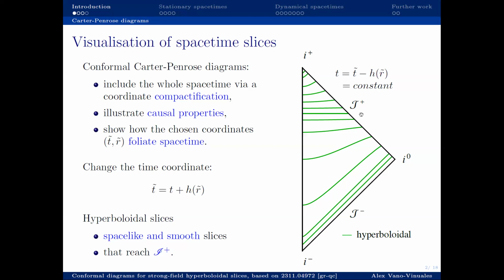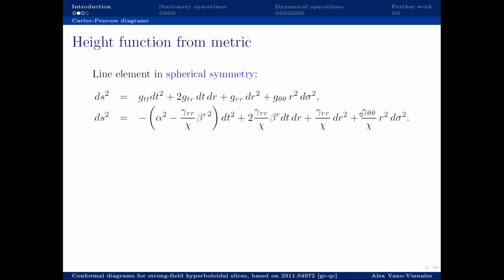As a first example, let me give you a bit of the infrastructure so I can then talk about more details later in the talk. So I'm going to restrict to spherical symmetry. That is what's usually done in most Penrose diagrams. There are things one can do in axisymmetry or more general scenarios, but there are limitations due to what you can depict, let's say, on a piece of paper.